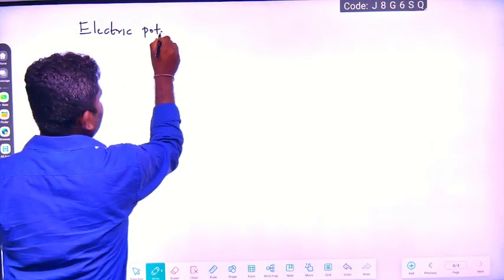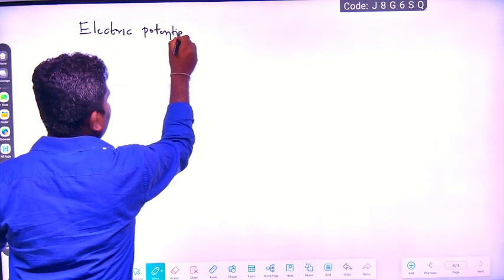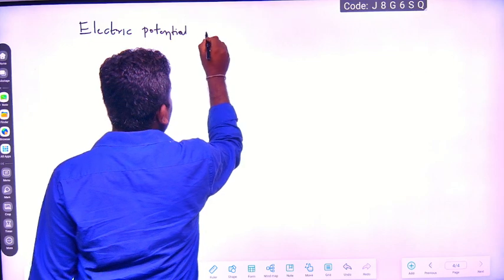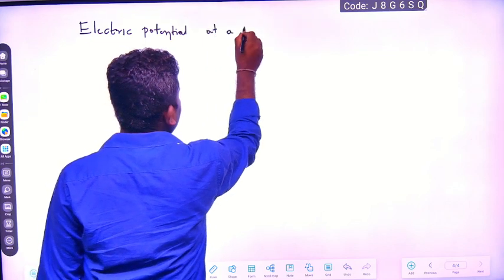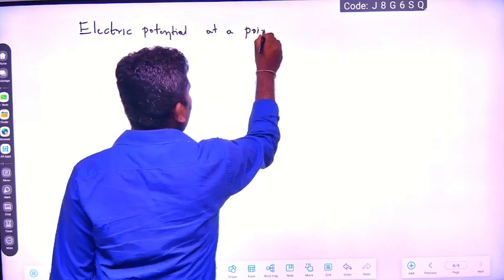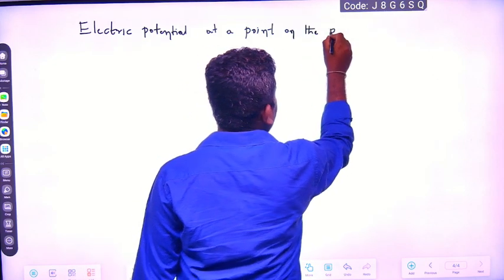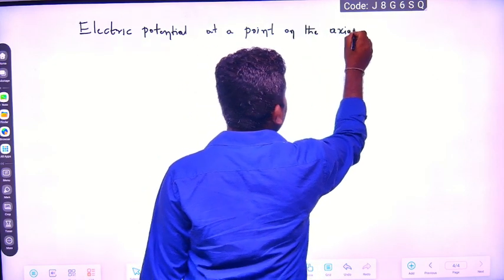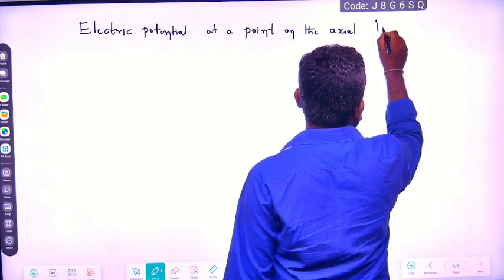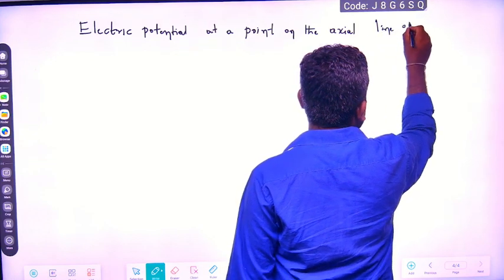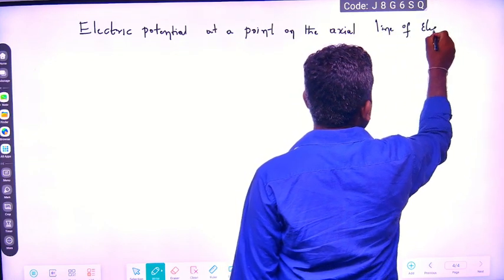Electric potential at a point on the axial line of an electric dipole.